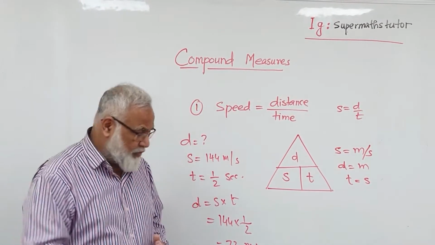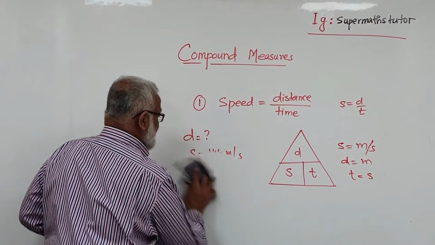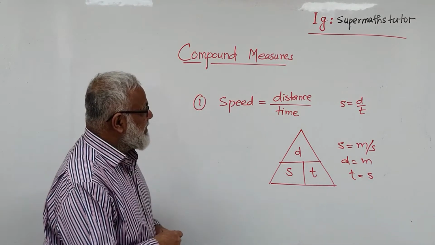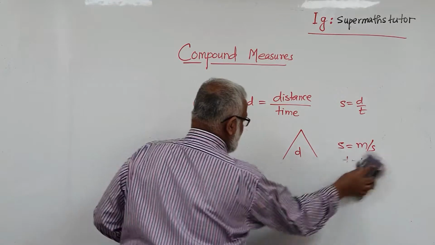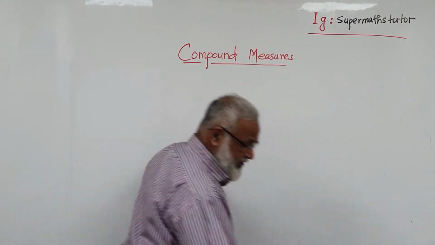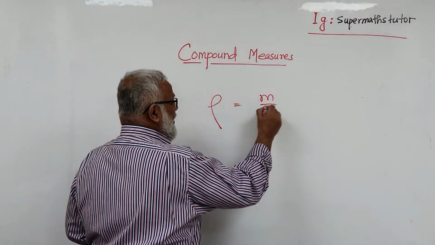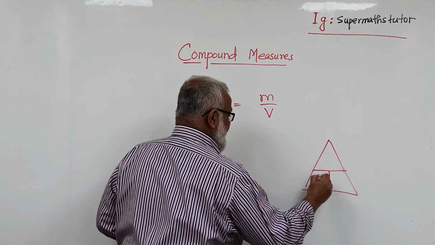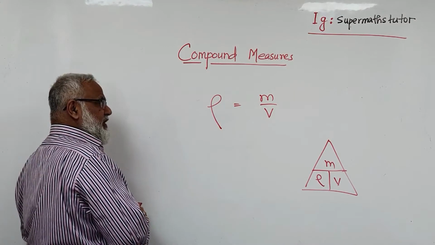So next I'm going to do density. Think about the density. What did I say density is? Mass upon volume. So if we use a triangle, density is mass over volume. This is the symbol for density.